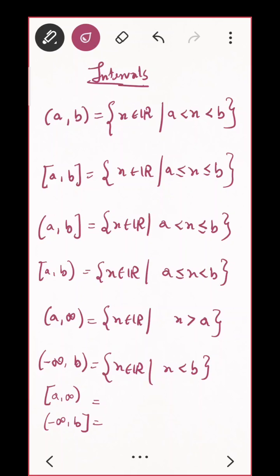So basically, what do you mean by the length of an interval? If I say this is point A, this is point B, what will be the length? Anyone?